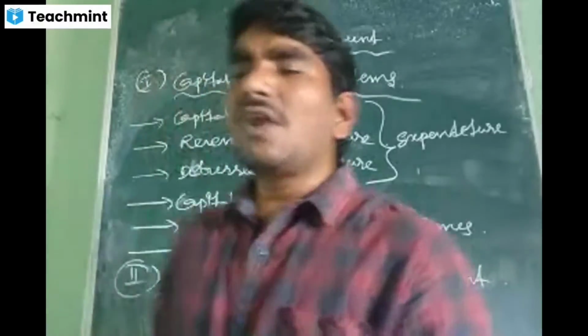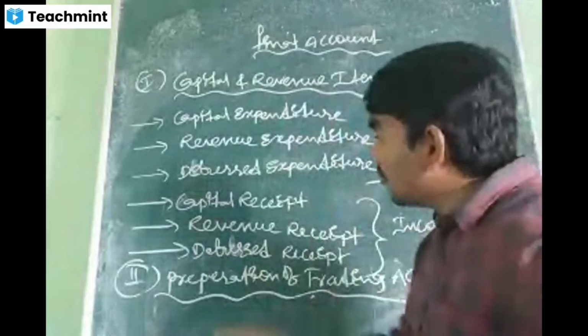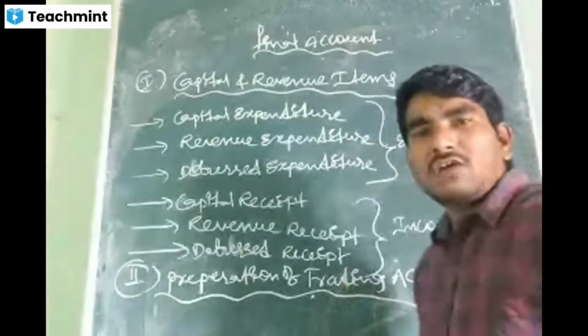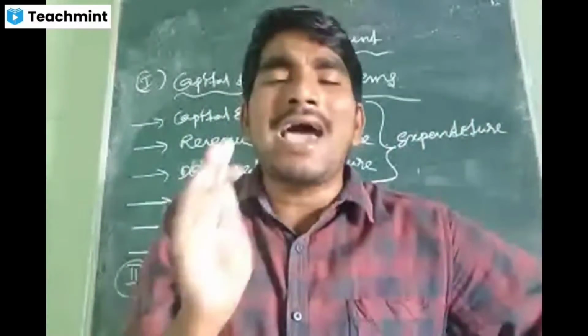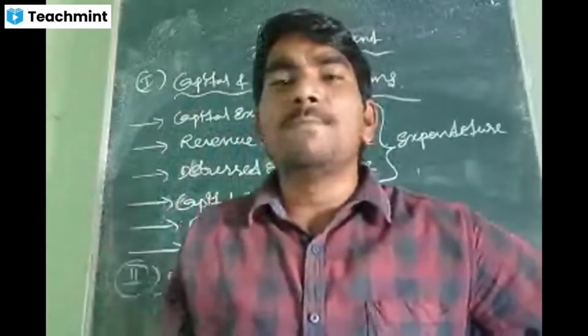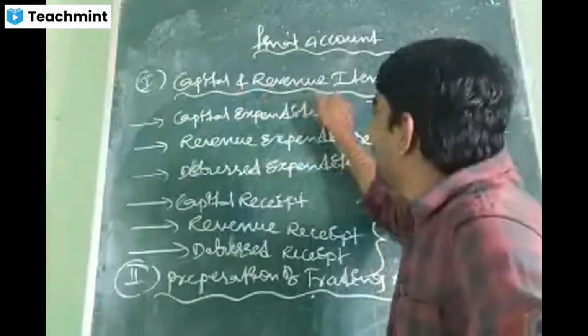Before we enter into how to prepare the trading account, the profit and loss account and the balance sheet, we will learn some basic information about capital and revenue items.